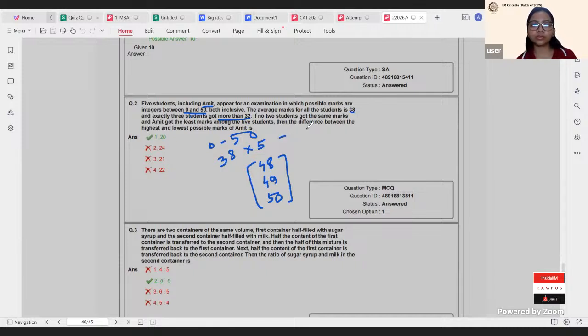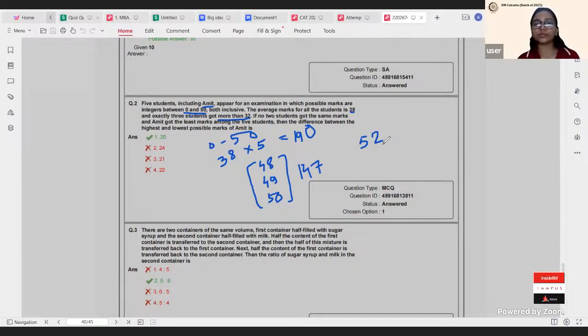The total is 190, and this is 147. So the sum of the scores of Amit and the other one who scored less than 32 will be 52 in this case, right? This is the score of Amit and the other one, who have scored less than or equal to 32.